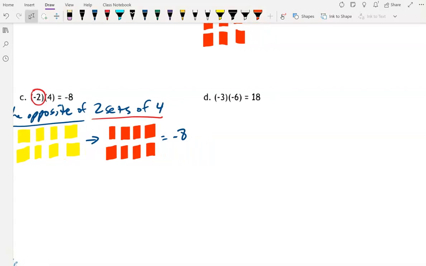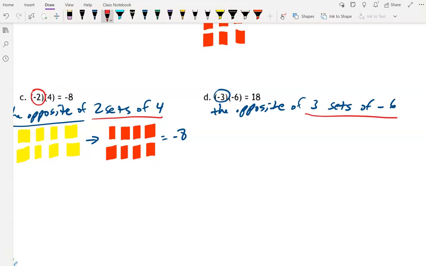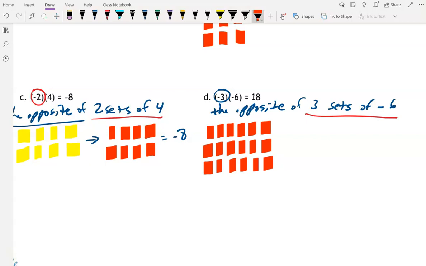Okay, and our last one here on this, -3 multiplied by -6. Please remember that that first number, if it's negative, that means the opposite of 3 sets of -6. So remember, 3 sets of -6 is what we start with. So 3 sets of -6. 1, 2, 3, 4, 5, 6 negatives. Here's 2 sets of -6 and 3 sets of -6.